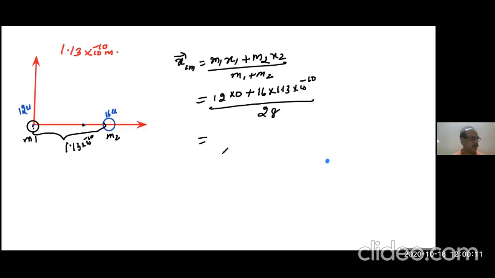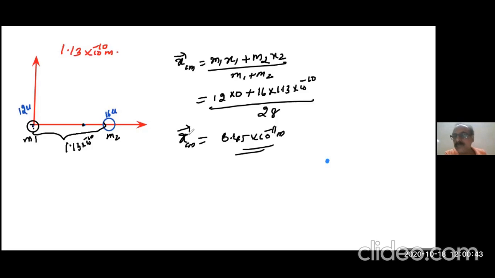The answer is 6.45 × 10^-11 meter from carbon. If you take carbon here, you have to subtract this value from 1.13, and that is the position of the center of mass.